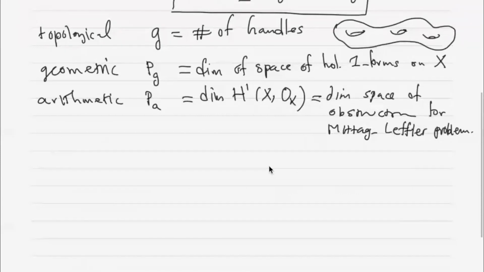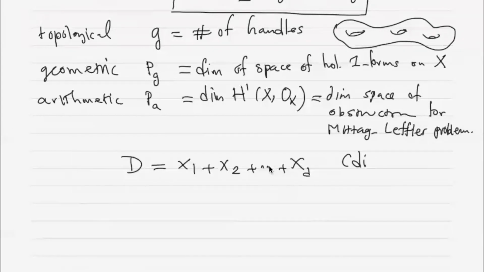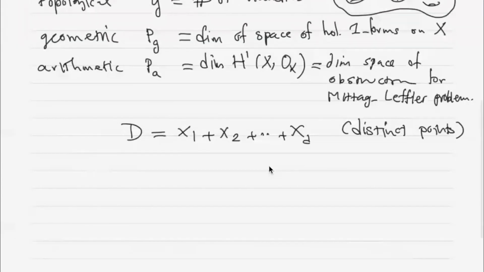So to make things simple, let's take a divisor to be a sum of certain distinct points. Not every divisor is in this form, but this is an assumption that is pretty mild.